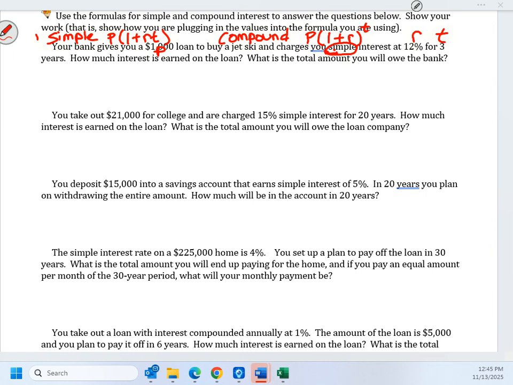Our P I marked, I know it's $1,000. Parentheses 1 plus my rate is that 12% times our time of 3 years. So that is the calculation that I am going to put into my calculator: 1,000, parentheses, 1 plus 0.12 times 3, parentheses.